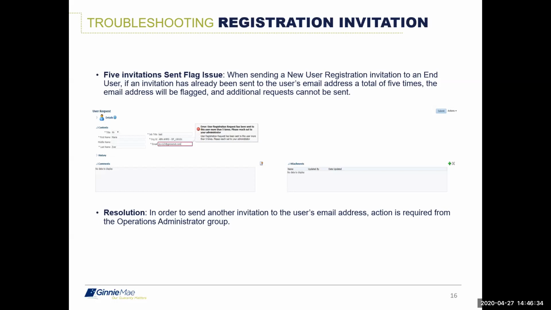And you decide to send a fifth one. When sending a new registration invitation to an end user, if an invitation has already been sent to the user's email a total of 5 times, the email address will be flagged and additional requests cannot be sent. So after 5 emails, you cannot send another one to that end user.